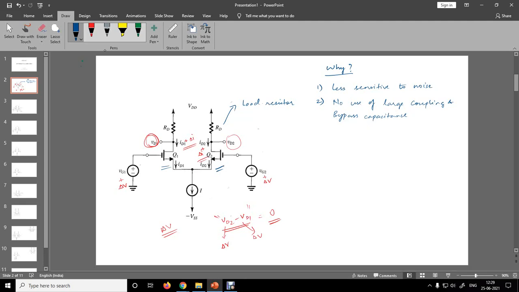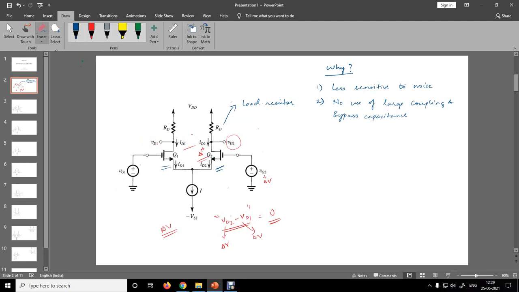Instead, I can use a differential amplifier instead of the single-ended amplifiers we have seen earlier, to avoid using such capacitors. So these are the two main advantages of why we need differential amplifiers.